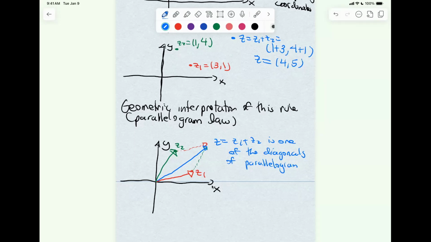Actually, Hamilton tried to find, if anyone has heard about quaternions, a way to do the same for 3 dimensions, and he found that you cannot do it. The best you can do is go to 4 dimensions, and that's where the quaternions come from, and that's where the IJK comes from, from physics, because those are the symbols he used for the quaternions.